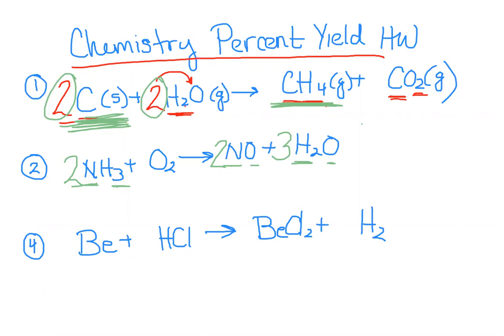That gave us 3, 4, 5 oxygens on this side, which there's no way we can get 5 oxygens on this side. So we're going to have to double everything so that we can make the oxygens an even number. So instead of a 2, let's put a 4. Whoa, I did too much.